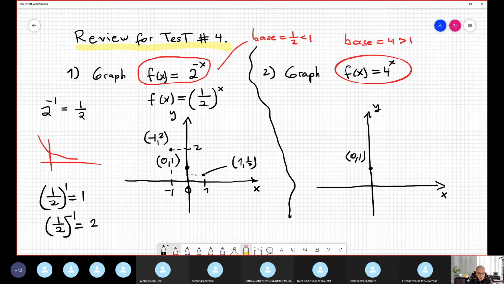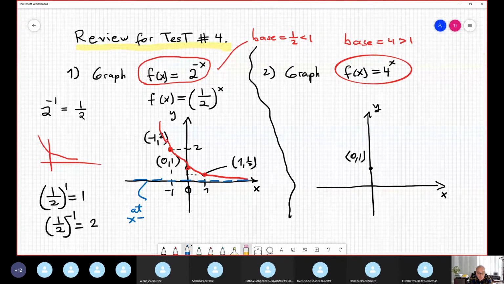You have 3 points. It's enough to get the exponential passing through this point, this point, and this point. Also important: any exponential has a horizontal asymptote at y equals 0.